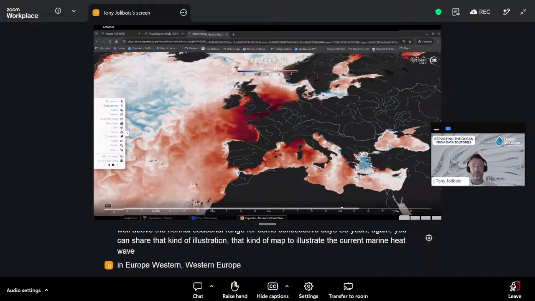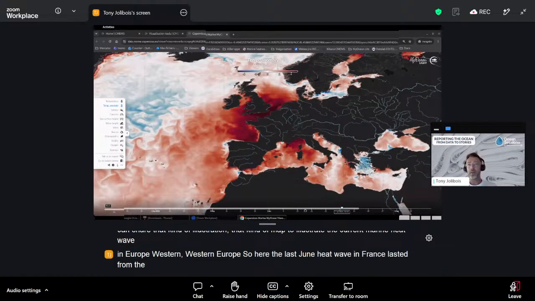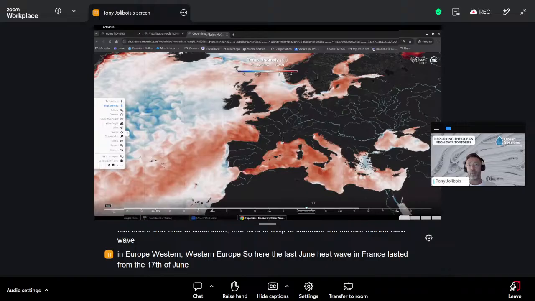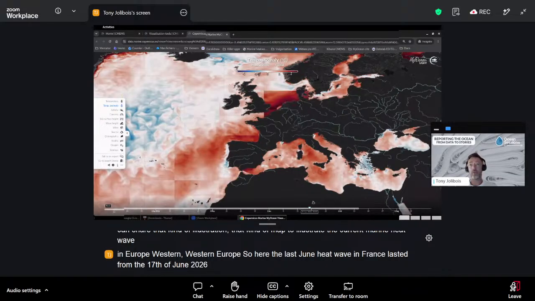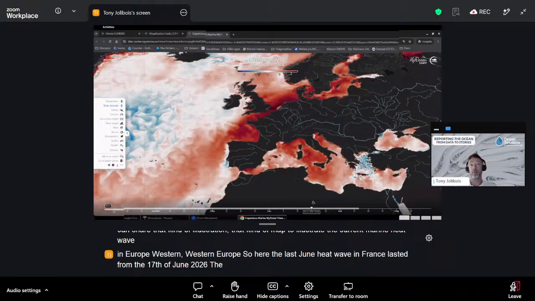Western Europe. So here, the last June heat wave in France lasted from the 17th of June 2026 to the 30th of June.